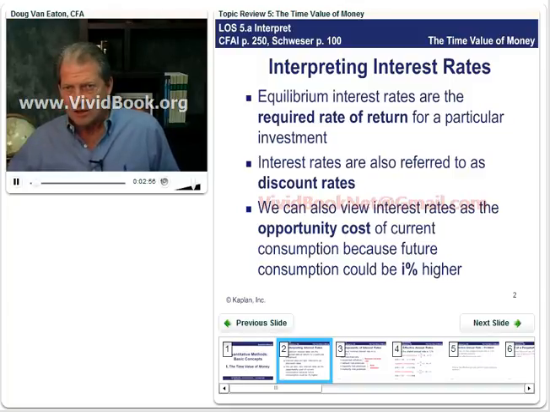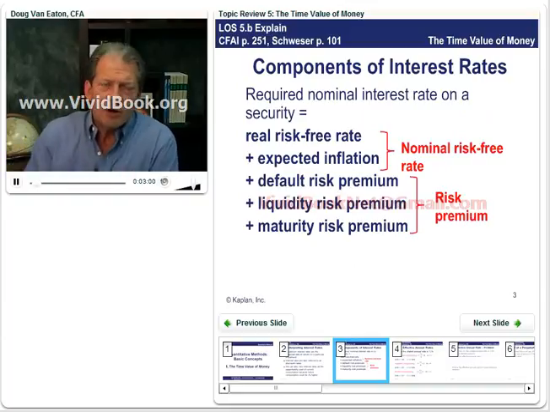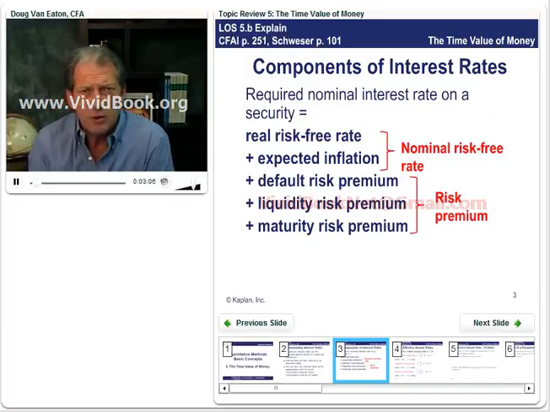So let's take a closer look at this build-up approach now. We start out with our building block. Our bottom one, although it's on the top in the slide, is the real risk-free rate. Now, the real rate is after inflation's been subtracted.